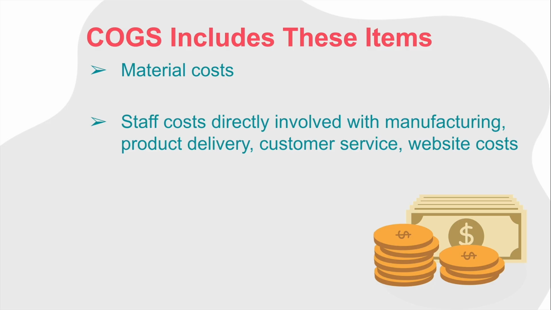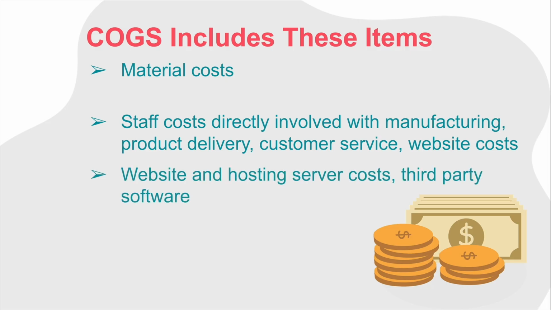We don't count marketing or sales, and we don't count things like HR yet. We count them in other calculations, which we'll do a little later in the course. And of course, you might have additional costs in your COGS like website or hosting fees or third-party software that you have to buy, which enables your transactions, without which you couldn't sell.